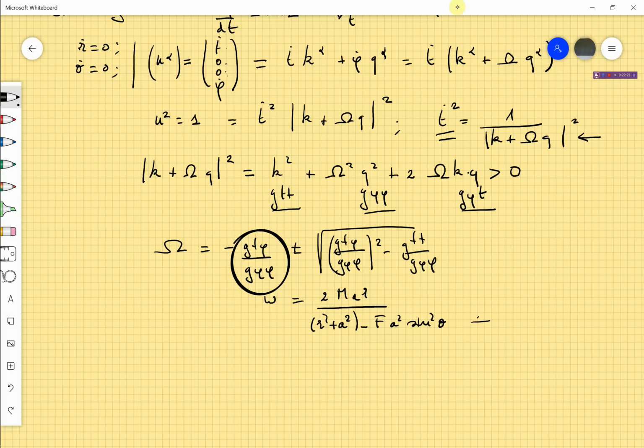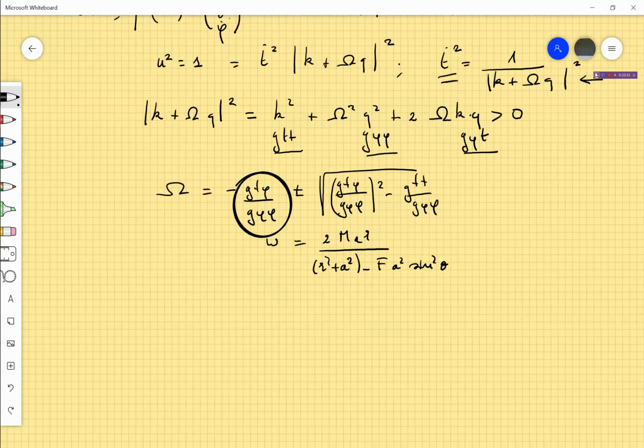This is called sigma in Poisson, so just be careful with what sigma means in each place and each reference. And the result is that the allowed values of omega, omega plus and omega minus, lie in this interval, where omega plus minus is omega plus minus the square root of omega squared minus g tt divided by g phi phi.